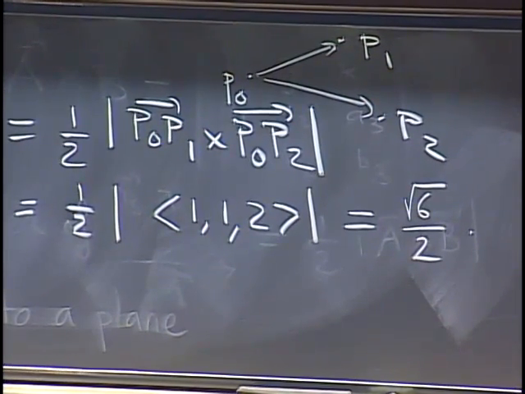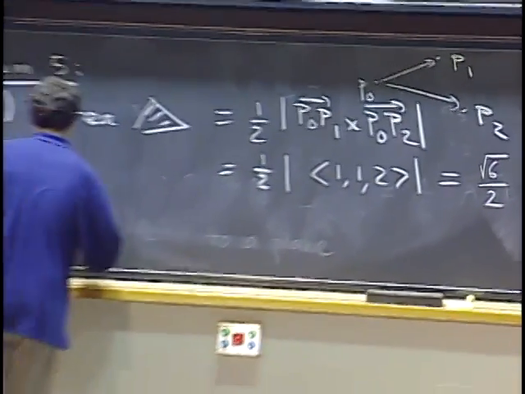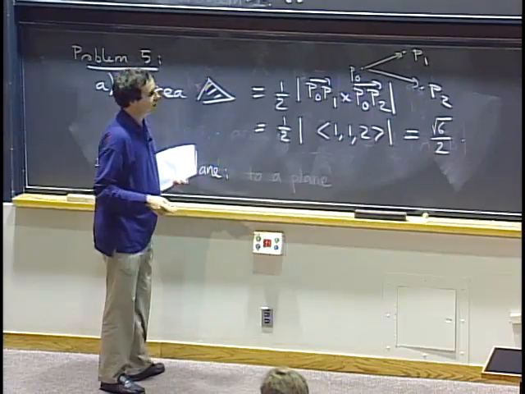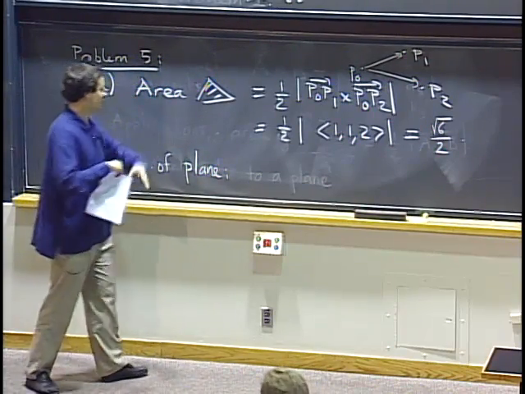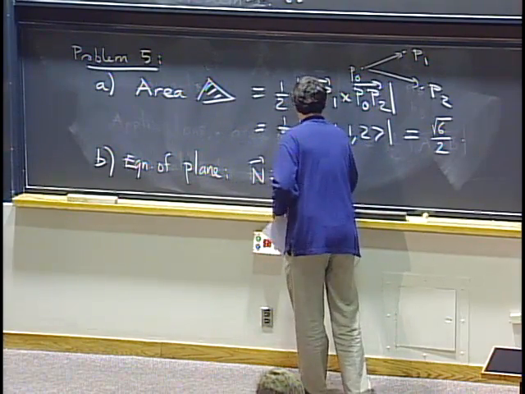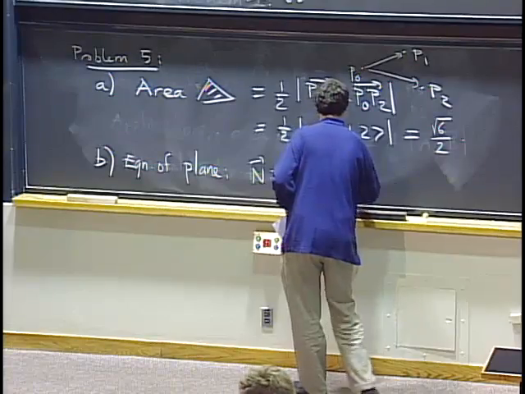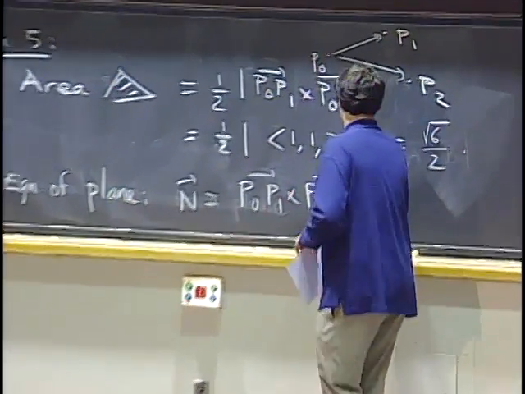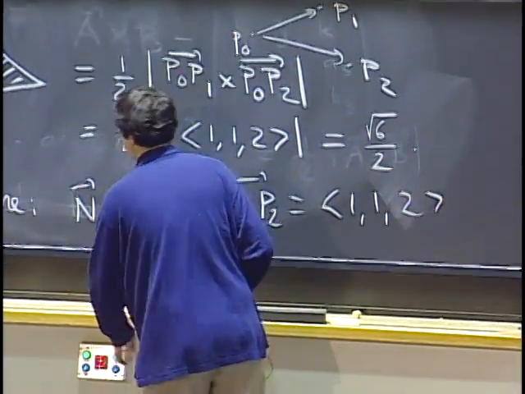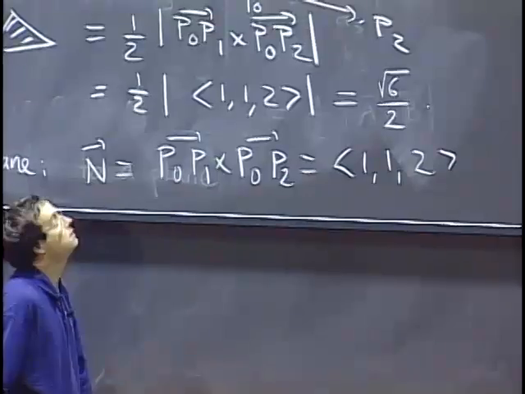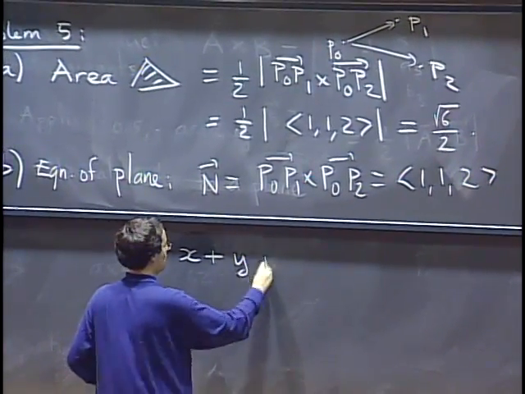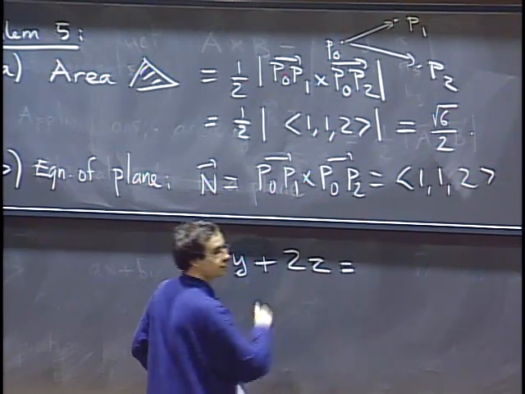The second one is asking you for the equation of a plane containing these 3 points. Well, first of all, we know that the normal vector to the plane is going to be given by this cross product again. So that means that the equation of the plane will be of the form x plus y plus 2z equals something.